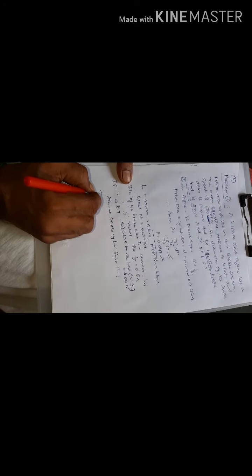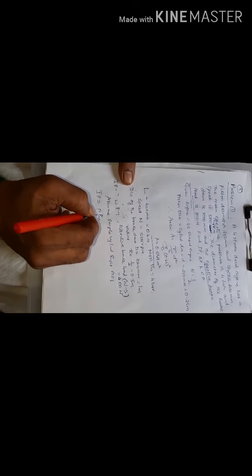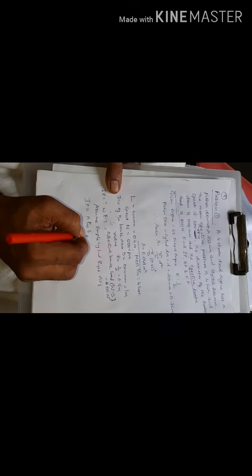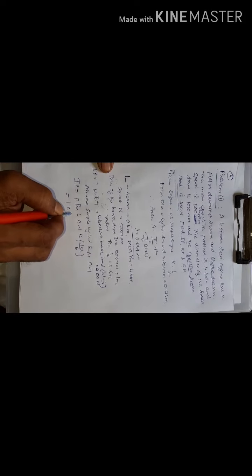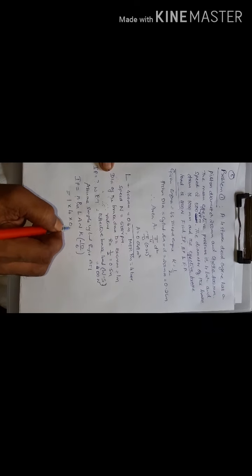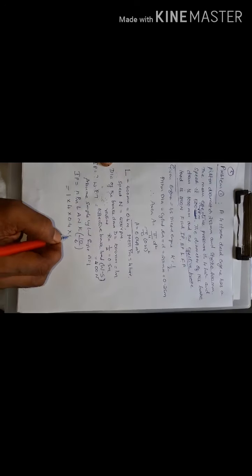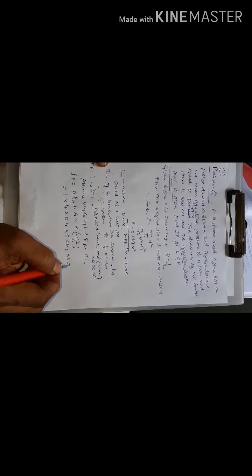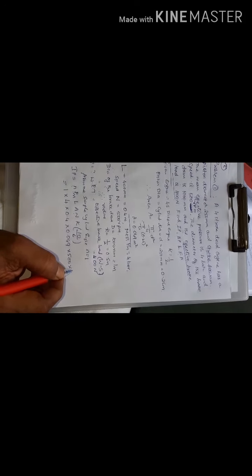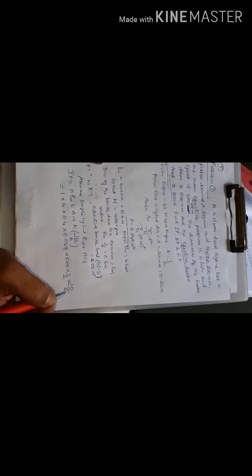Now the indicated power formula is IP is equal to n into PM, mean effective pressure, into L A N K divided by 10 to the power 6, where n is the number of cylinders. So 1 multiplied by 4 bar, multiplied by stroke length 0.4 meter, area 0.049, multiplied by N, 500 rpm, multiplied by K, 1 by 2, divided by 10 to the power 6.